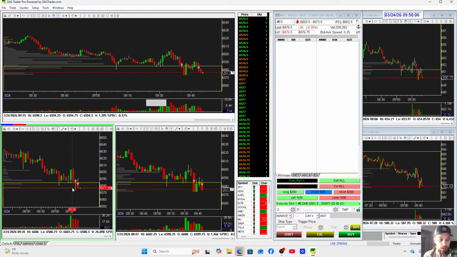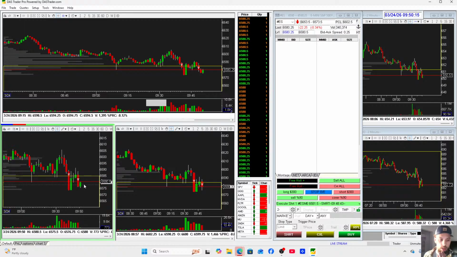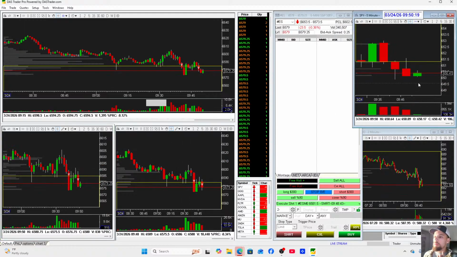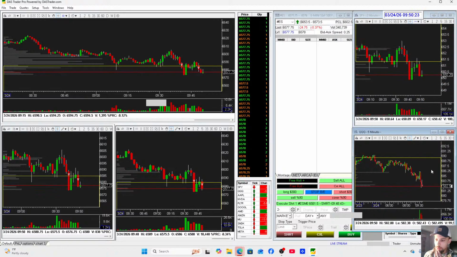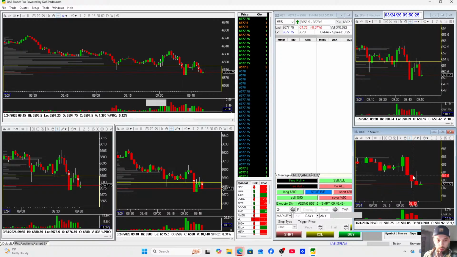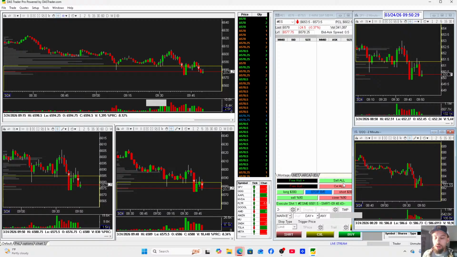So 5 minute candle here. It's a very nice candle for me. If we can just lose this low, 65.73. 5 minute Qs or SPY looks good. 5 minute on Qs looks good. So far things are looking good for me.